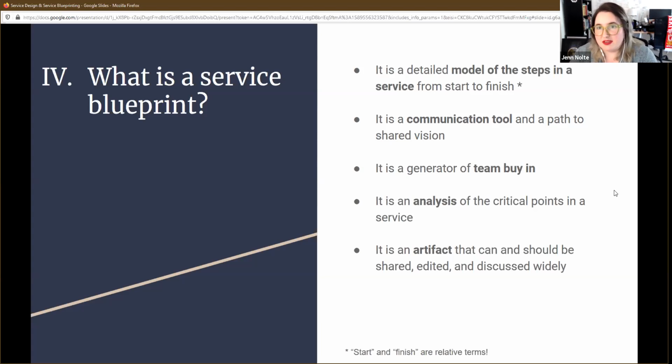There's so many pieces to all of our services. They're scaffolded on so many different things, so you really have to sort of decide and carve out the piece that you're trying to analyze. But don't worry, there'll be time enough to do all those other service blueprints with all the other pieces that you missed the first time, because we all have so much time, right?